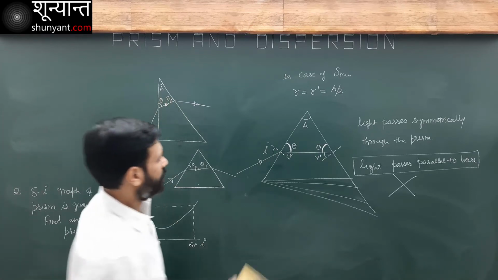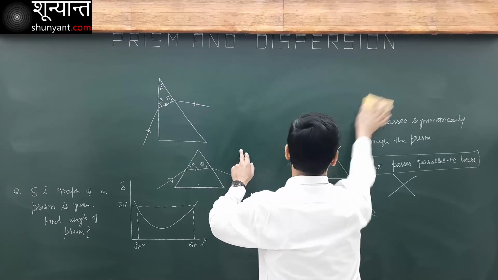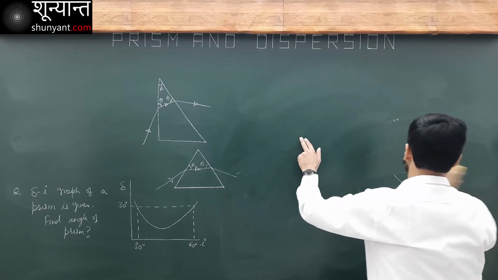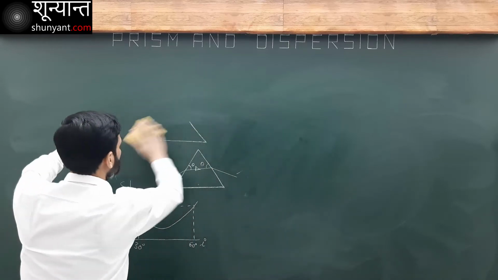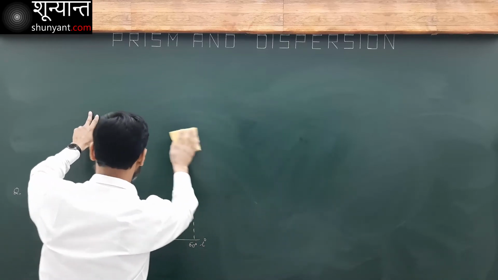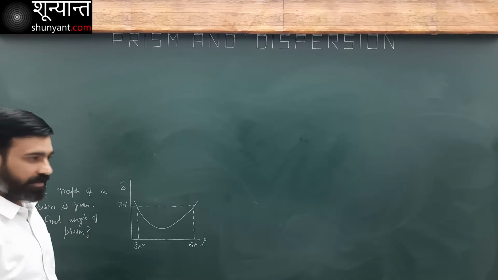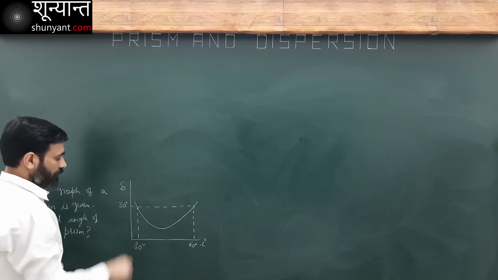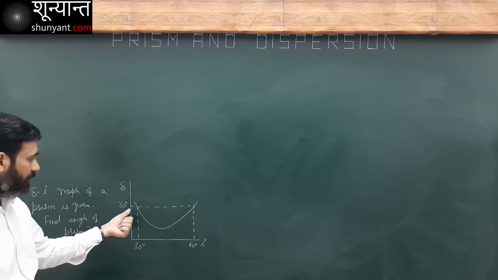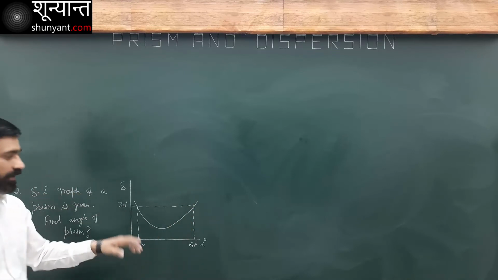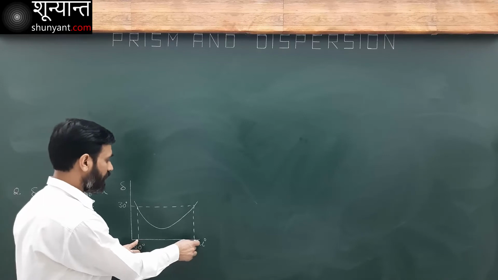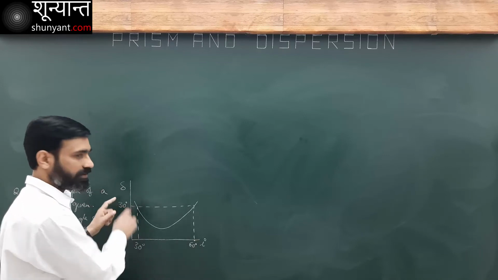Well, let's move on to the next one. This one is pretty simple. What it says is that I have this delta I graph. For two different angles of incidence, I am getting this same delta.